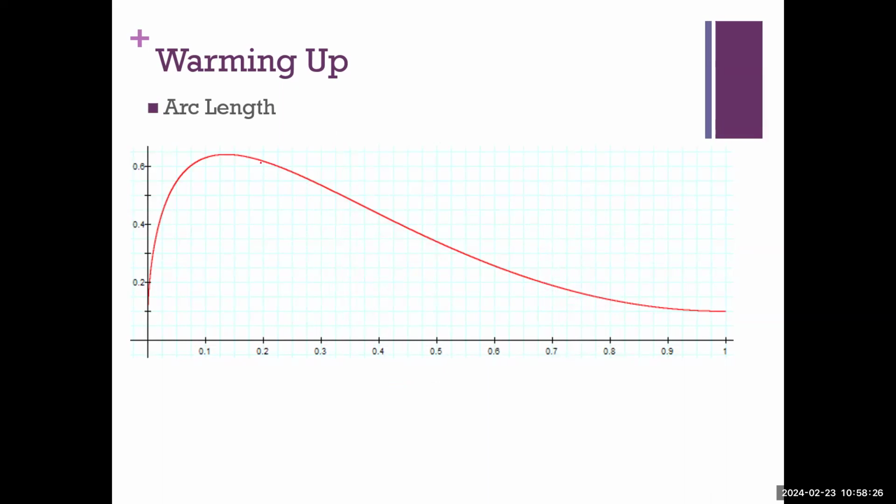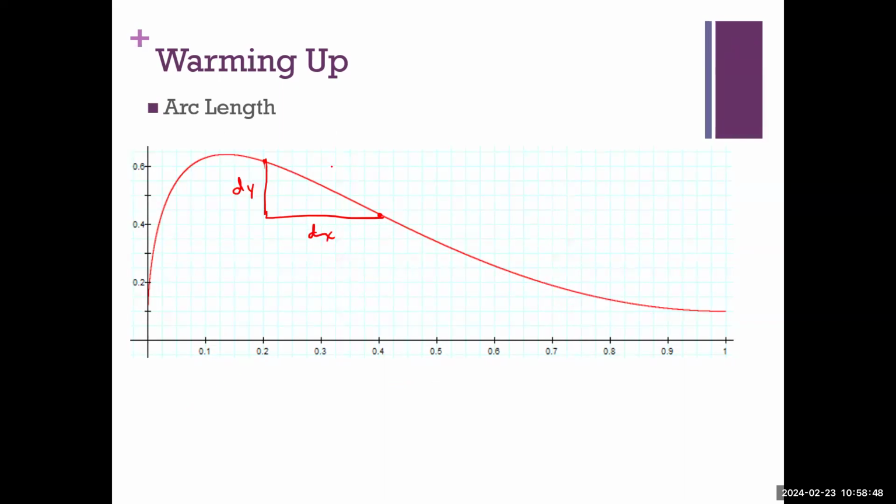So let's just take one of these intervals. We'll do the same one from 0.2 to 0.4. So we talked about how to find this length. Let's call this dy. Let's call this dx.